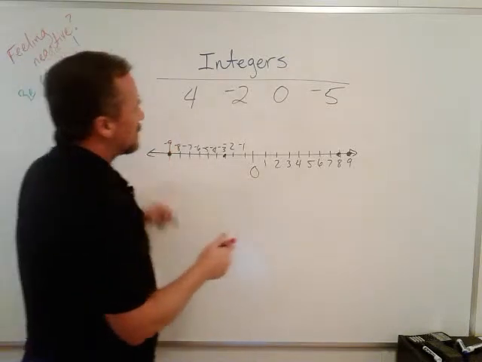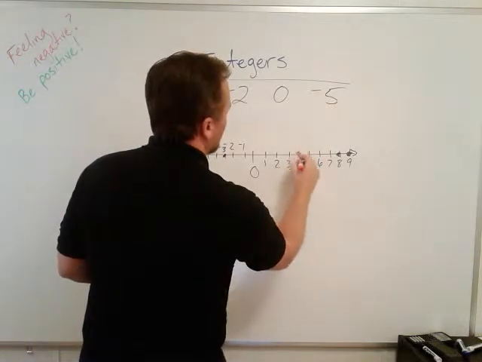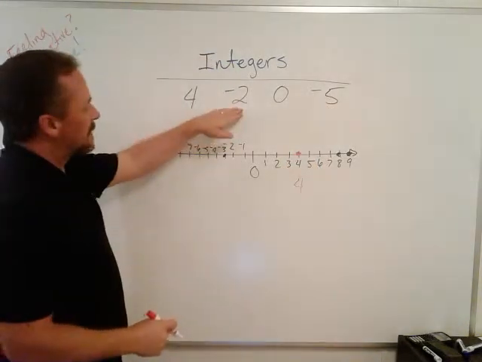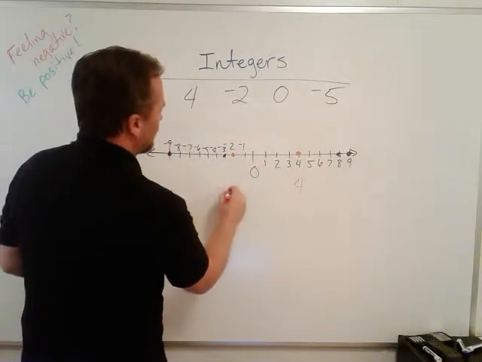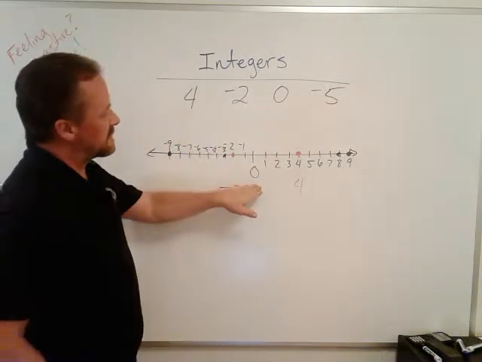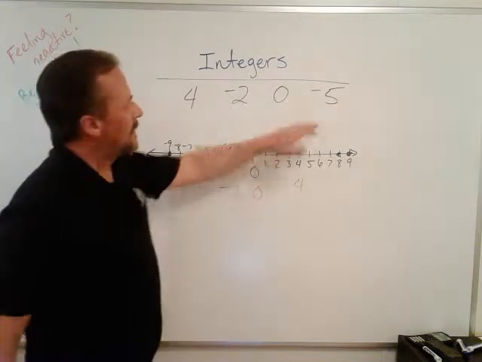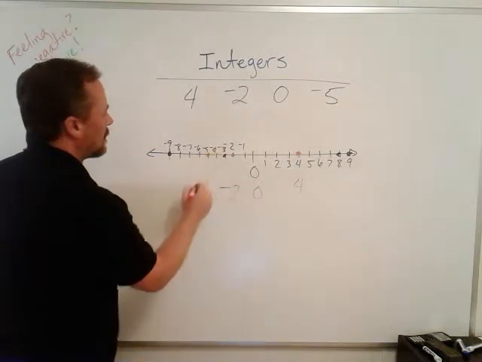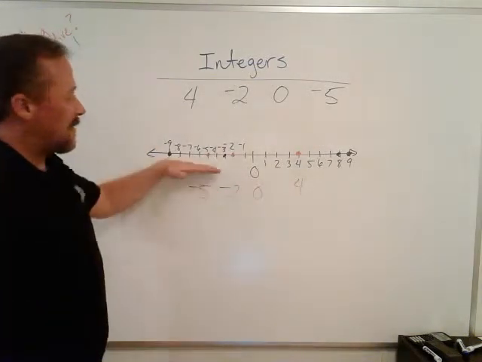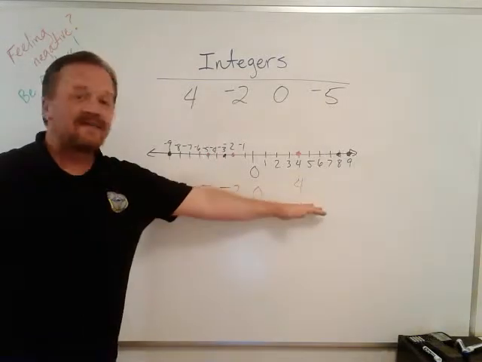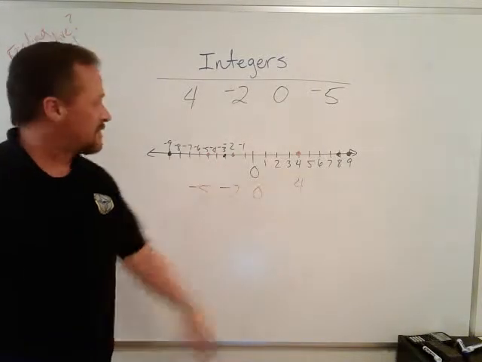Let's start with 4. Here's 4. -2 is here. We all see 0 and -5. See how when I put them on the number line, I automatically get these in least to greatest order?